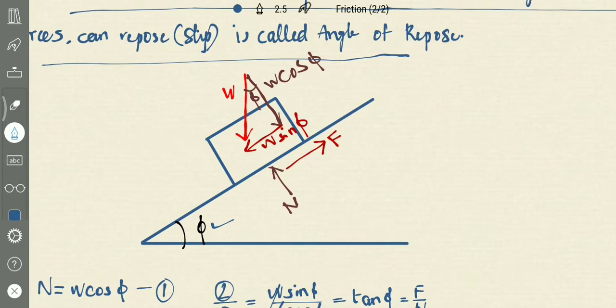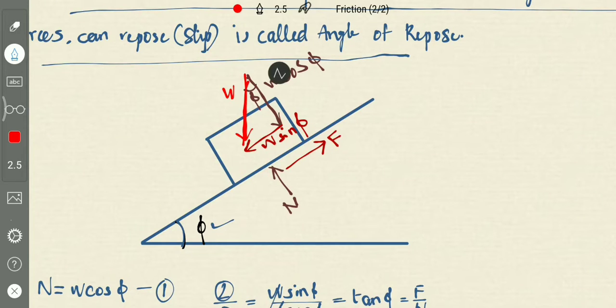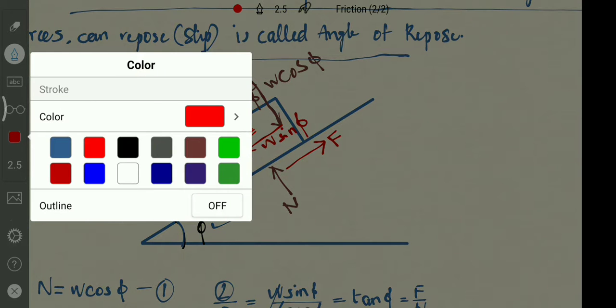Let us see the analysis of this angle of repose. This is angle phi, and this is weight W, the weight of the body which is acting downwards.